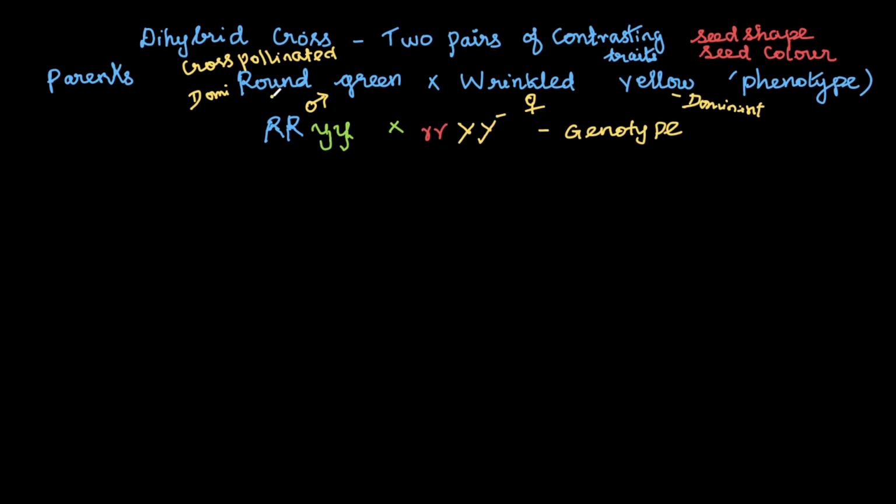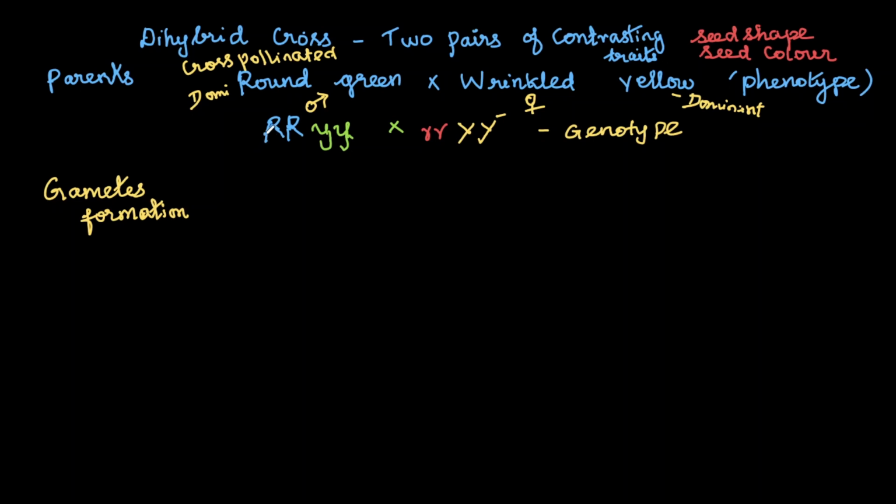Now, when we cross-pollinate these two pea plants, how does the formation of gametes take place during gamete formation? The gametes are produced in a certain order.